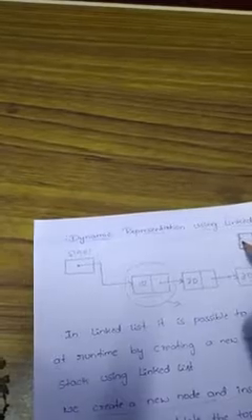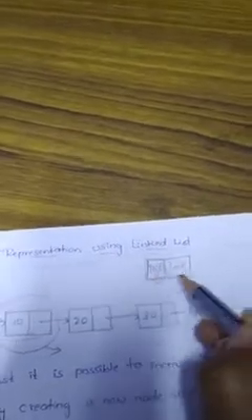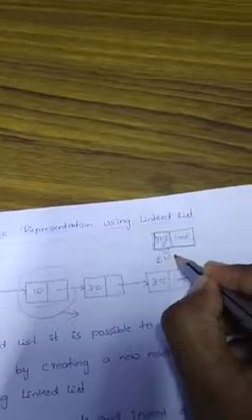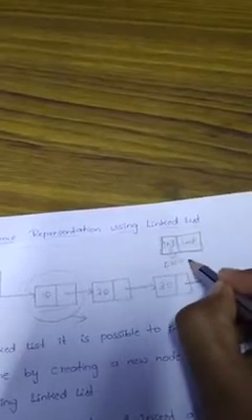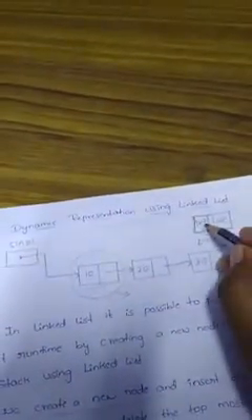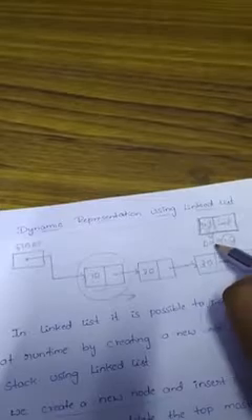It contains mainly two fields, the information field and the link field. In the information field we store the data, so it is also called the data field. We can store numbers, for example 10, 20, 30. Like this we store the information, that is data, in the info field.